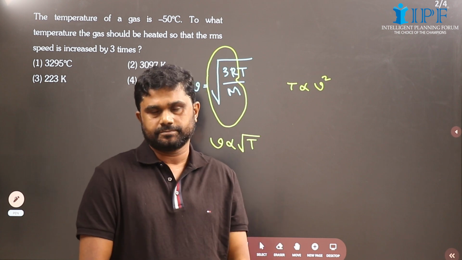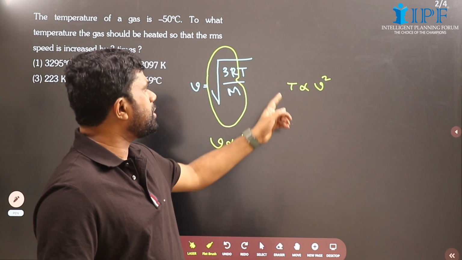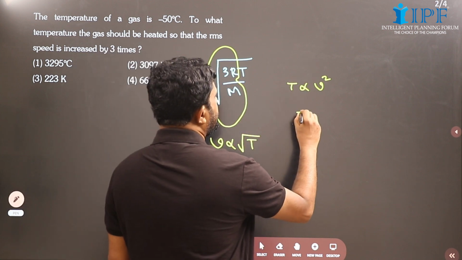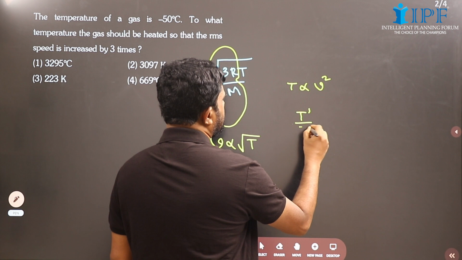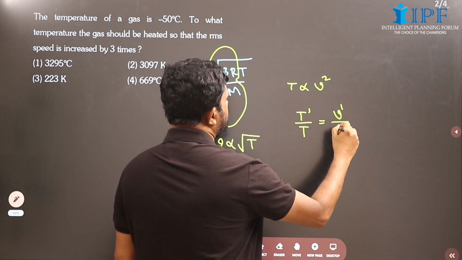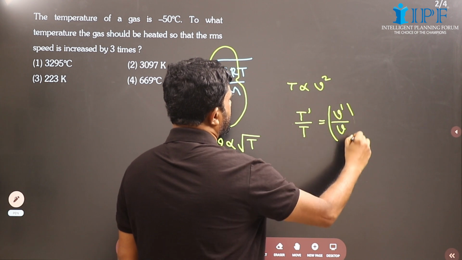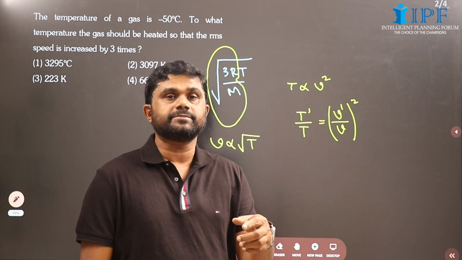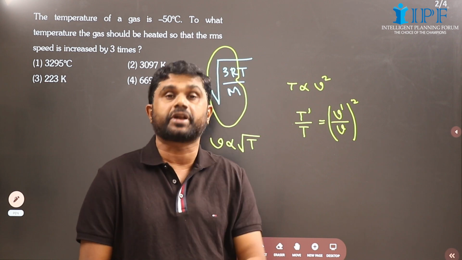When you write T proportional to V square, you can write T dash, the final temperature, over T, the initial temperature, equal to V dash divided by V, whole square. It is increased by 3 times, so it has become 4 times.